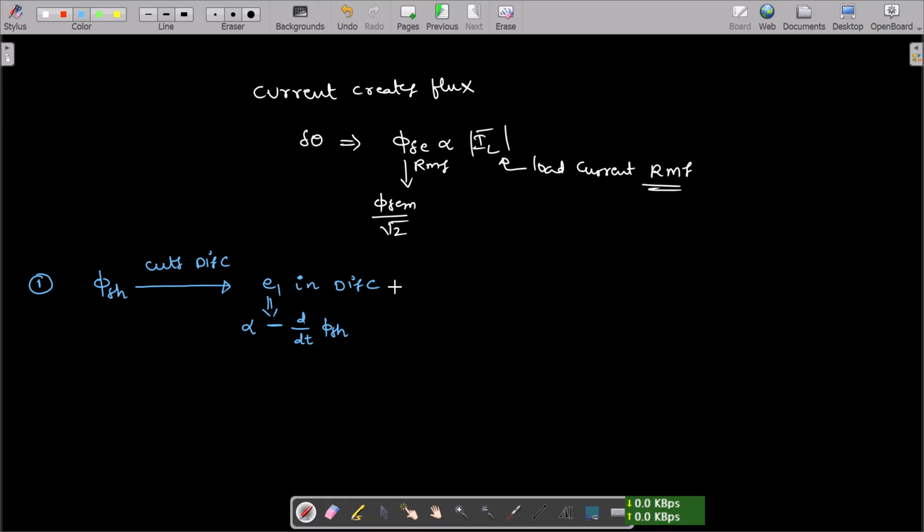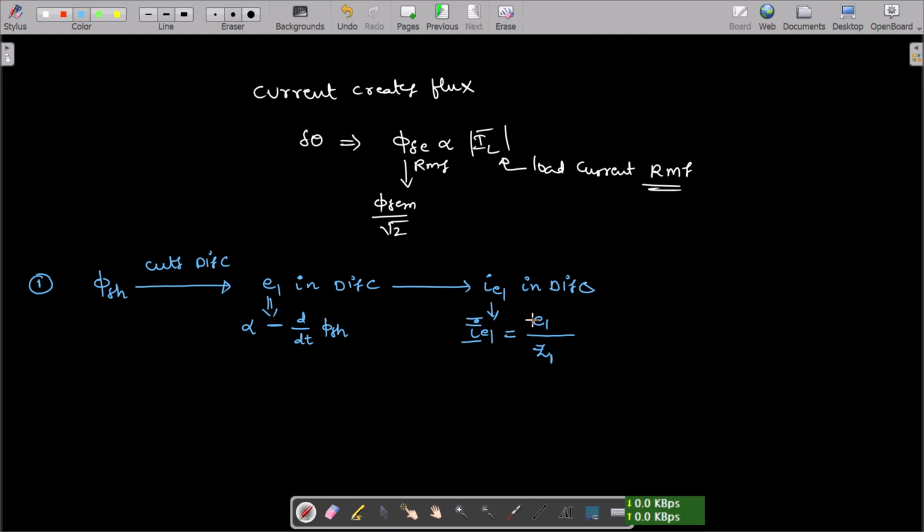Now this E1 in disc will create eddy currents, IE1, in disc, and this IE1 will be equal to that E1 divided by whatever the impedance of the disc is, or let us say in phasors.